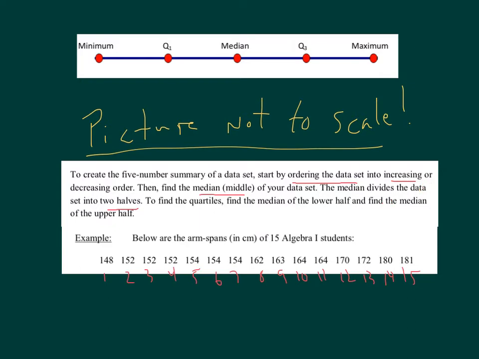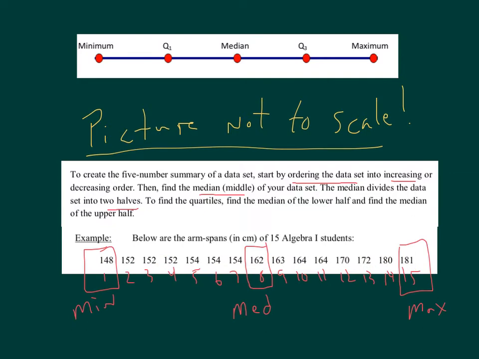When we have an odd amount of data points, finding the middle is easy. It is the dead center number. I've crossed off 7 numbers on the right side, and also the corresponding 7 numbers on the left, leaving me with 1 in the middle, and that middle value is going to be our median.